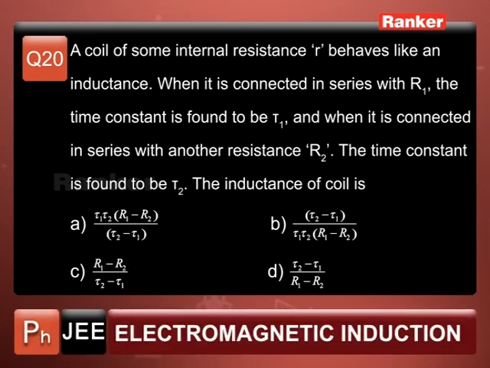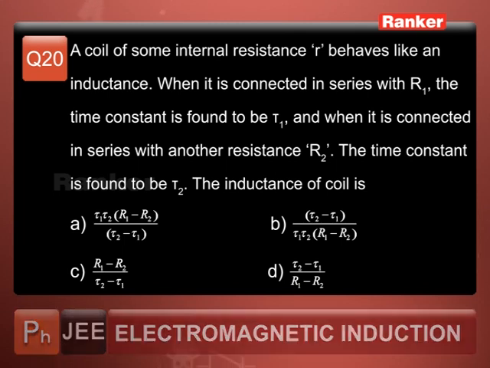Four options are mentioned once again. The first option is tau 1 tau 2 into R1 minus R2 by small r tau 2 minus tau 1. The second option is tau 2 minus tau 1 by tau 1 tau 2 into R1 minus R2.